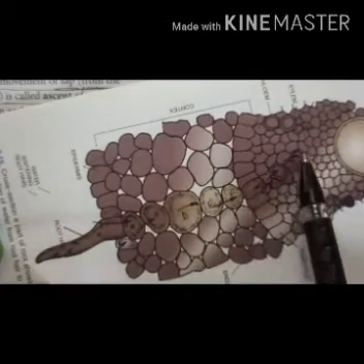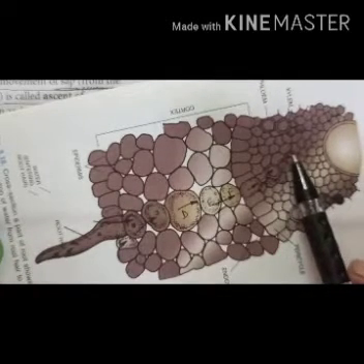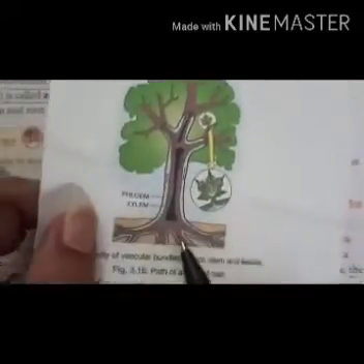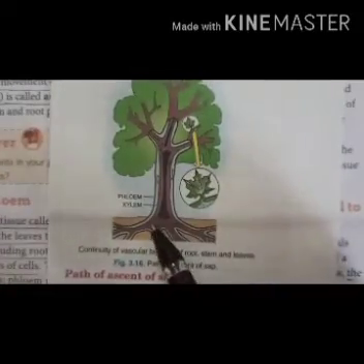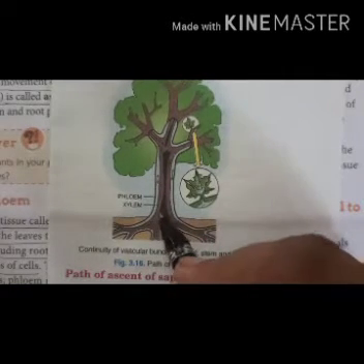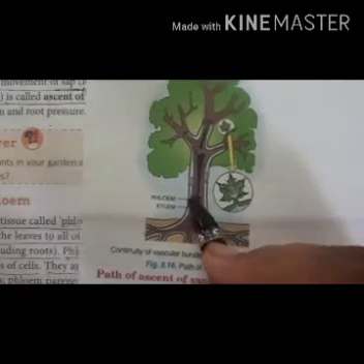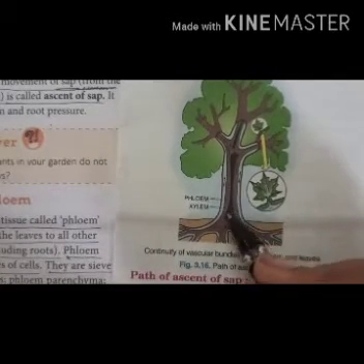And then they reach the xylem, and then the water and minerals start moving in the upward direction, against gravity.